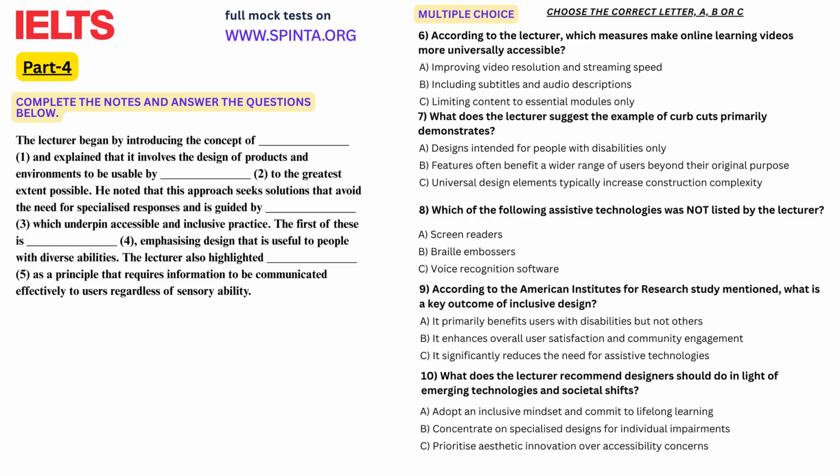Finally, we reach the seventh principle, which is size and space for approach and use. This principle dictates that appropriate size and space should be provided for approach, reach, manipulation, and use, regardless of the user's body size, posture, or mobility. An example of this can be seen in the design of accessible parking spaces, which are wider and allow easier access.